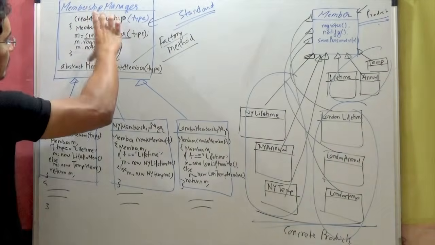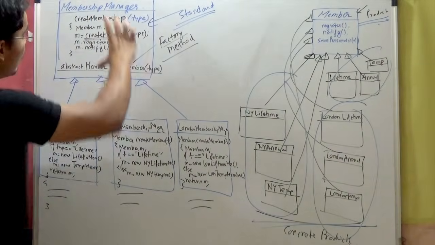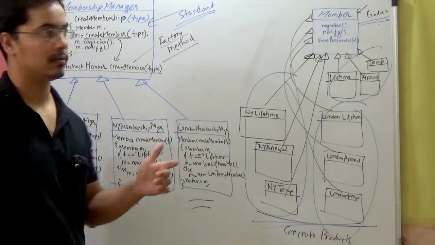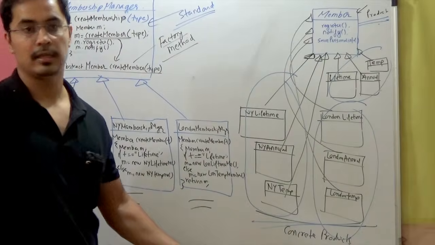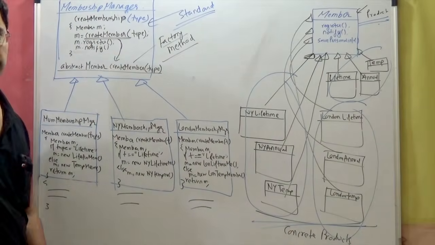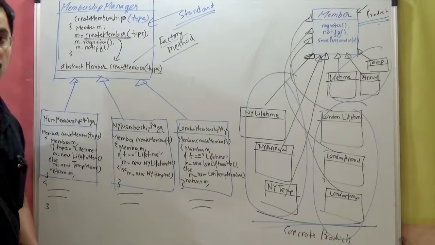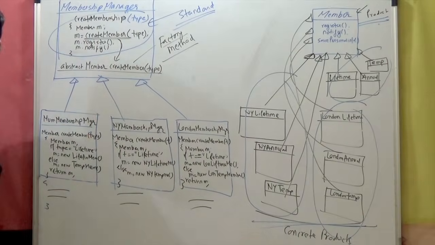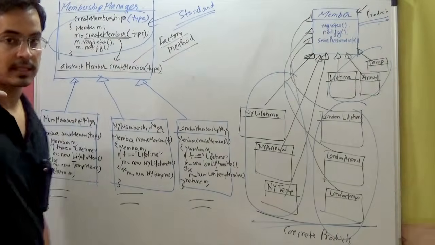So that basic standard, that basic process will remain in your abstract client here, membership manager, it's an abstract class. This abstract client will have one concrete method, create membership, right? That's the standard, that's a fixed standard.